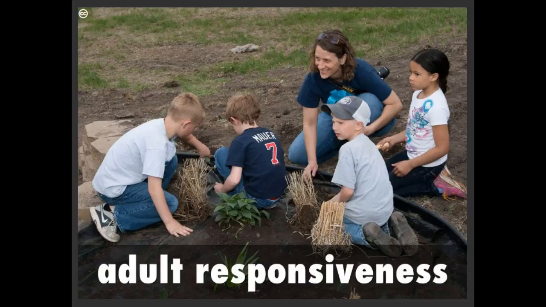Adult responsiveness means that adults frequently and consistently respond to a child's communicative acts in a way that is sensitive to the child's developing competencies. High levels of responsiveness by teachers and parents, particularly when the adult responses focus on child-initiated topics, have been repeatedly associated with robust language gains by children.